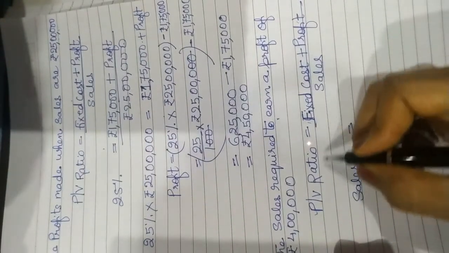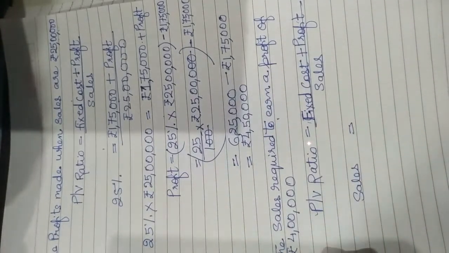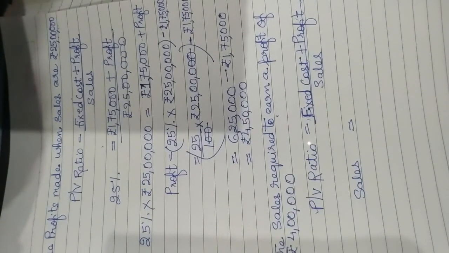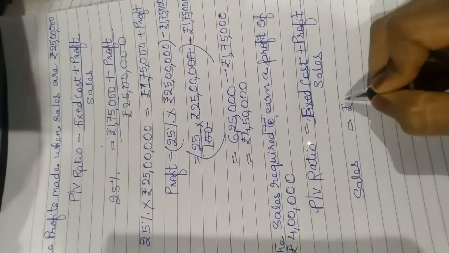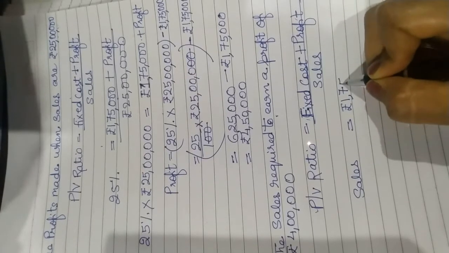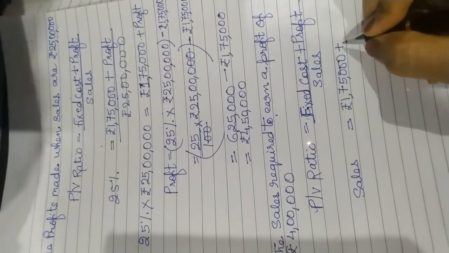Sales will come here and PV ratio will go down, because we have to calculate sales. Fixed cost is rupees 1,75,000.